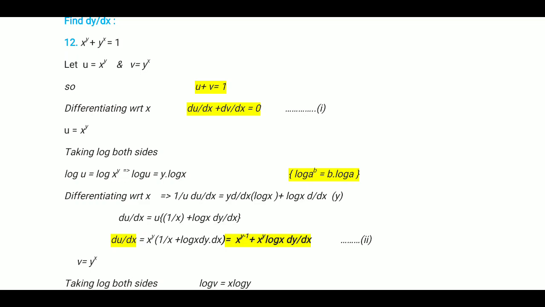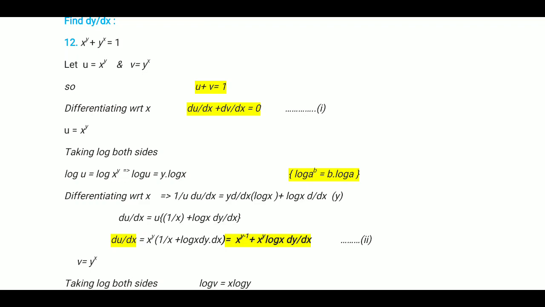So we get du upon dx is equal to cross multiplying u, and differentiation of log x, that is 1 upon x, y into 1 upon x plus log x into dy upon dx. Here y into 1 upon x, so that means here 1 upon x is not, it is y upon x.